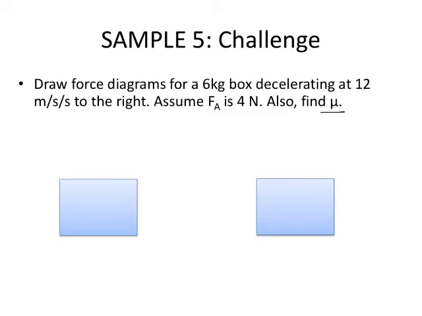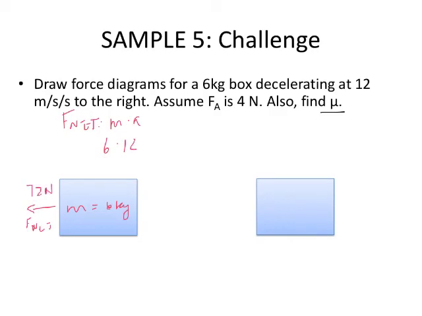So, this process starts the same. Let's figure out our net force diagram. Since we're decelerating, F net's to the left. Mass is 6 kilograms. F net equals mass times acceleration, or 6 times 12, which is 72 newtons.